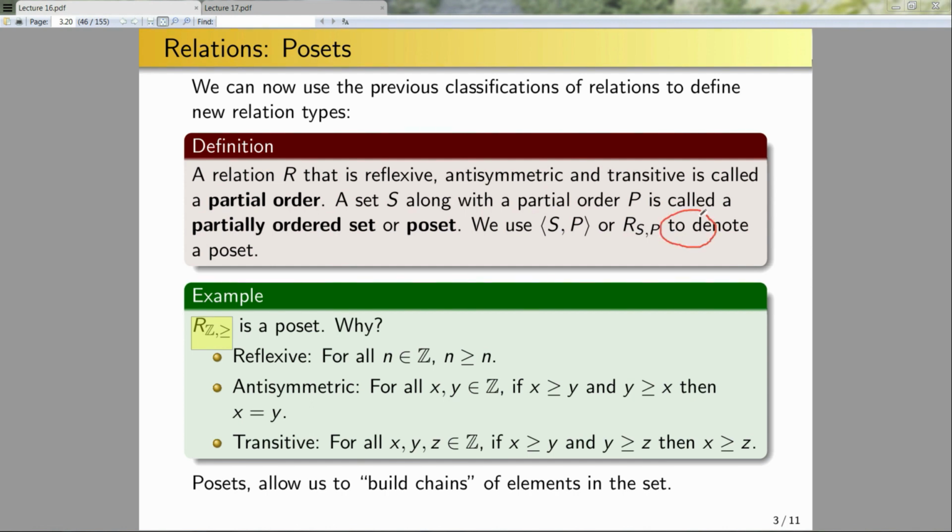If I draw my integer line as positive integers go this way, and negative integers go this way, for any given element, this will be related to all elements that are less than it. So I have this little chain that builds up where I have all of these integers down here. And then if I increment by 1 and consider the next integer here, I then have the collection of all the integers less than that. So from here, I can build a nested set.